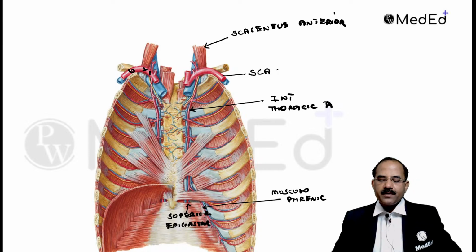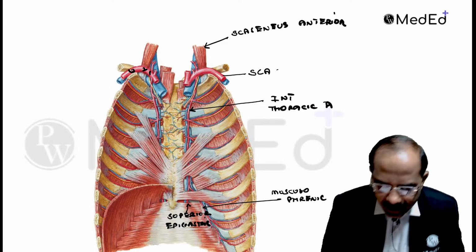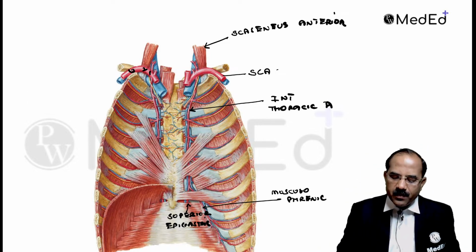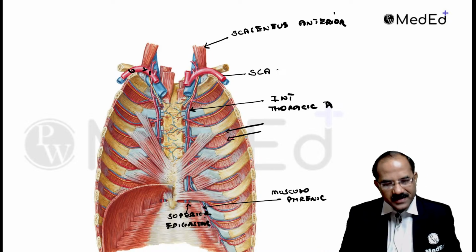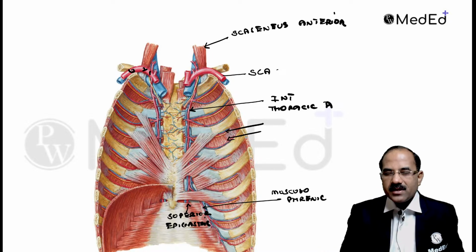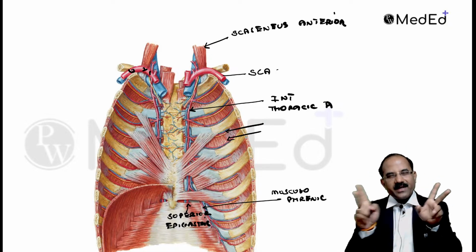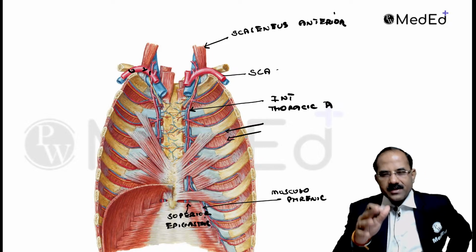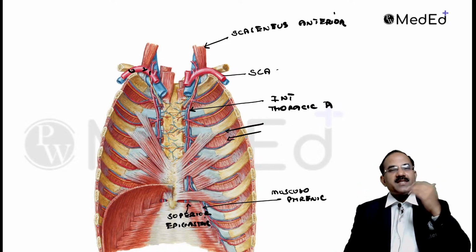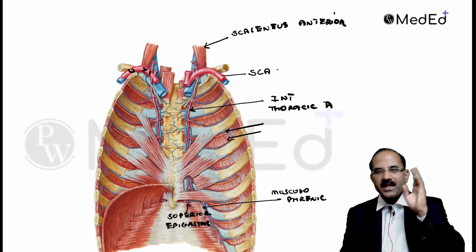So that's about the internal thoracic artery. I'll just repeat this. What are these arteries, students? These are the anterior intercostal arteries. How many anterior intercostal arteries are there? There are two. Look here once again. Internal thoracic artery is a branch of first part of the subclavian artery.